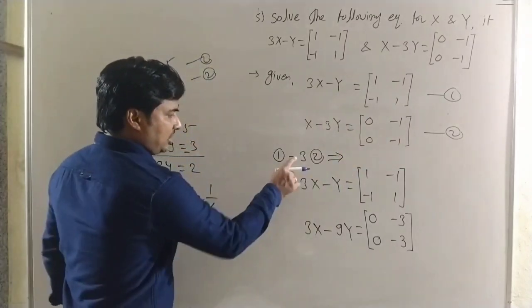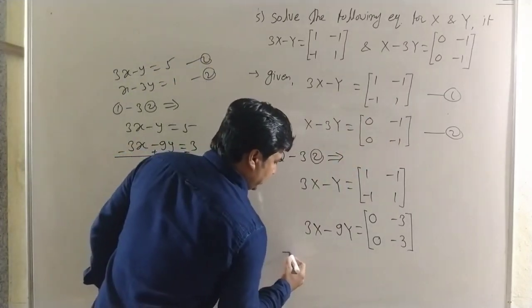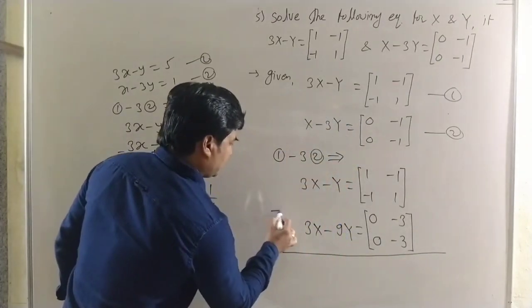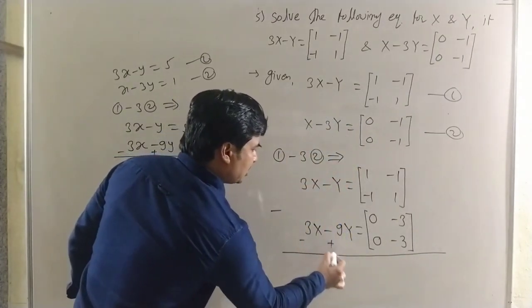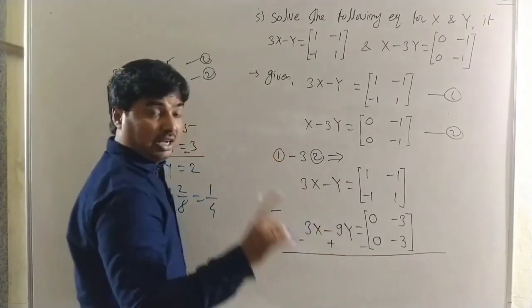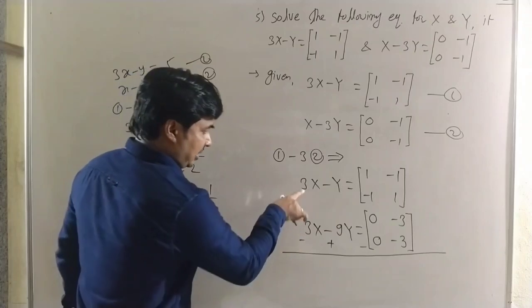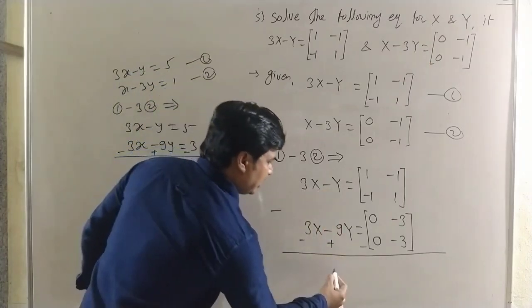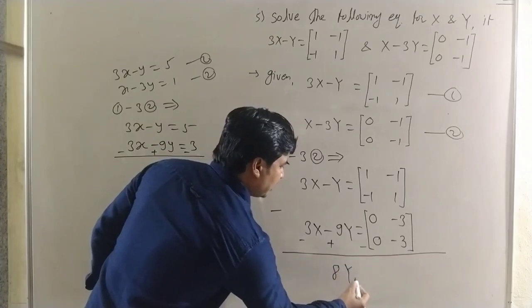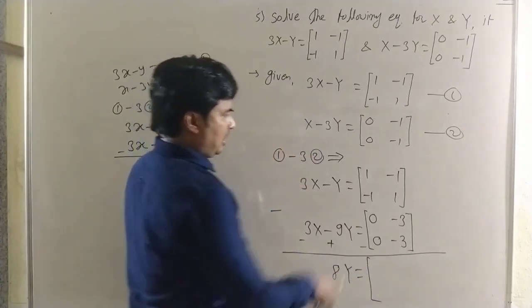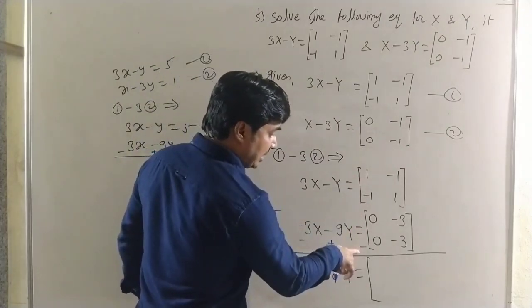Now the calculation is a subtraction. Carefully check the calculation: 3x gets cancelled, minus y and plus 9y, it is 8y.